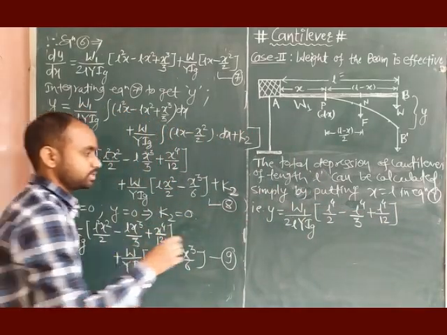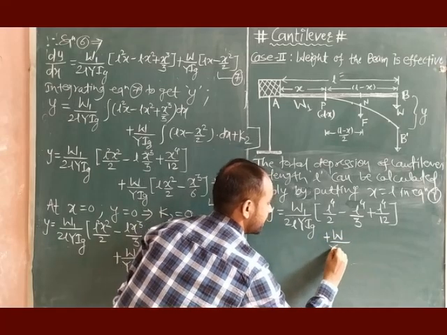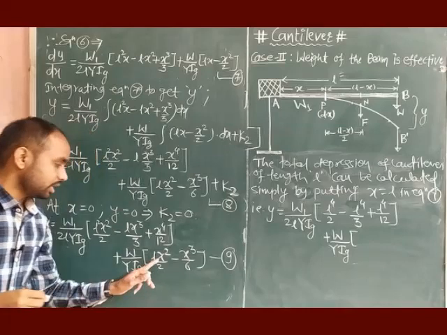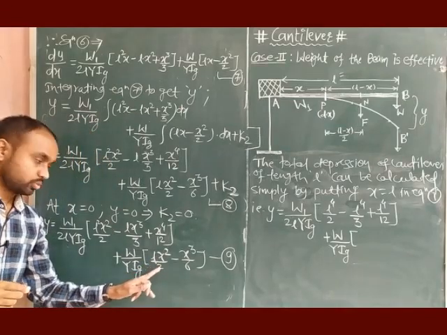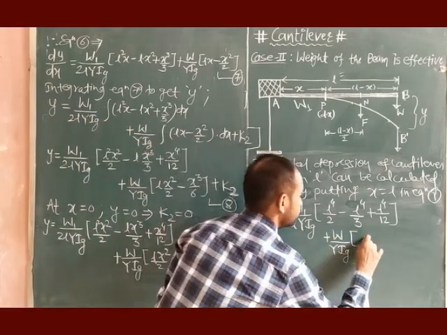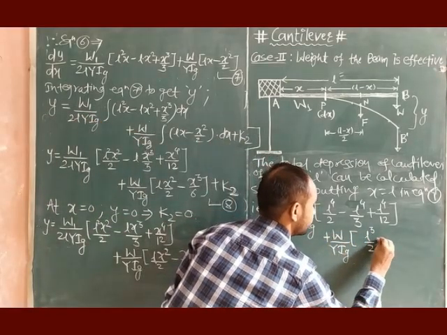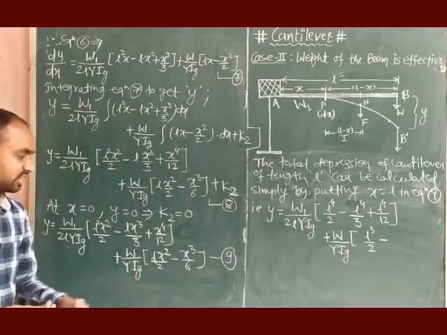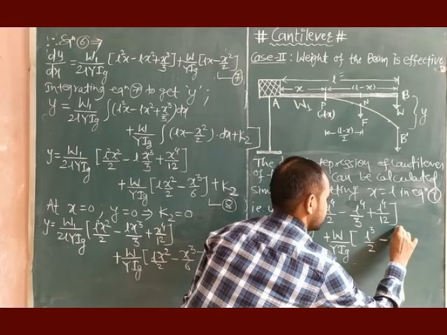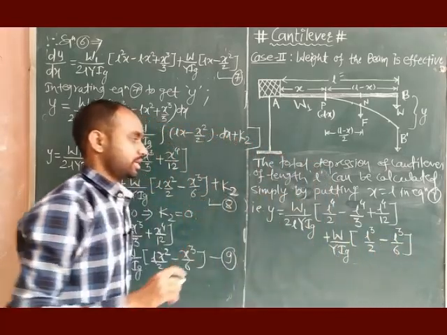In the second term plus W divided by YIG in bracket L x square by 2, so x is equal to L square into L, L cube by 2 minus and x is equal to L cube by 6, L cube divided by 6, right.